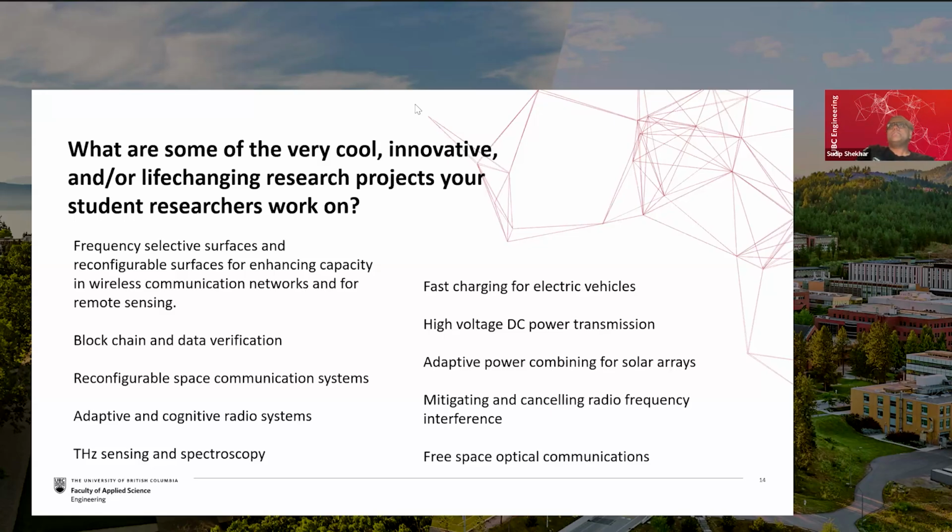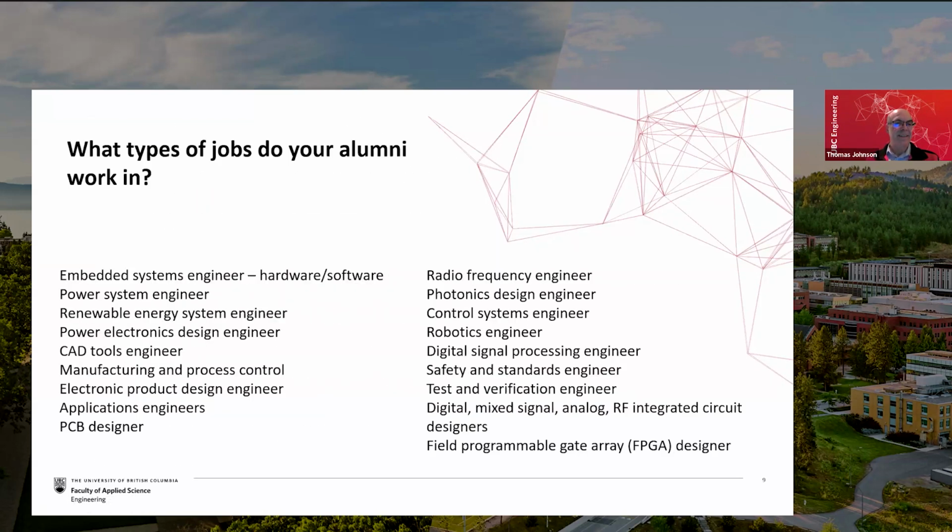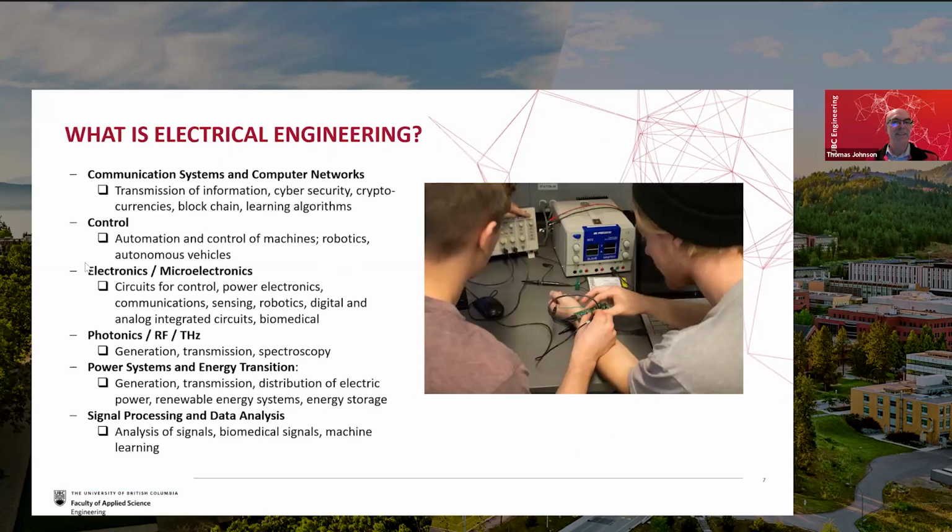Okay, there's another question on the Q&A panel. What are some electives for the electrical engineering program? So I think to answer that, I'd just go back to the slide that really talked about electrical engineering. Like, what is electrical engineering? On this slide, you're looking at the kind of range of electives that we offer.